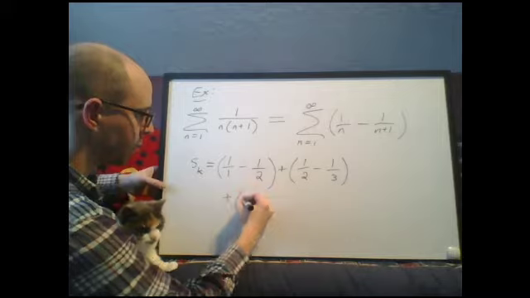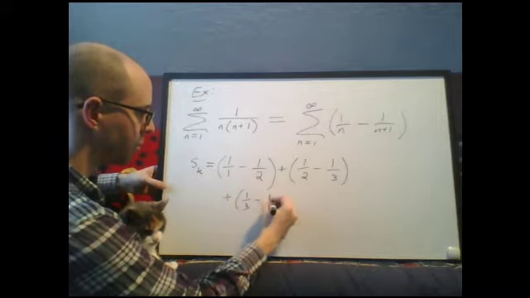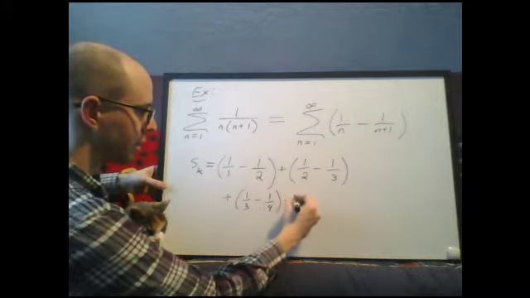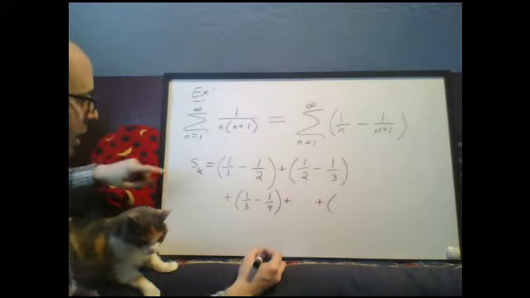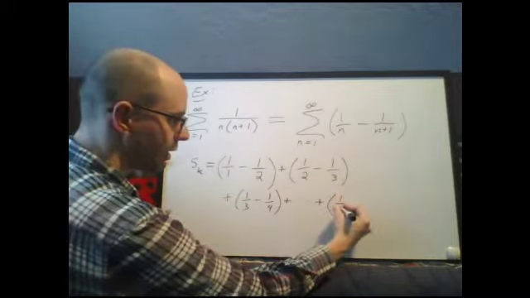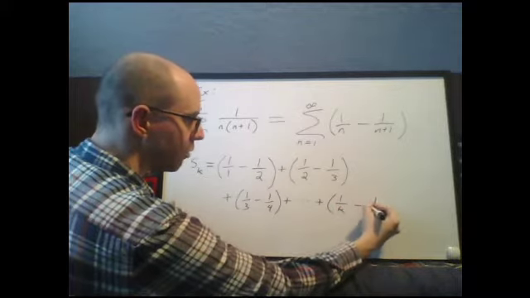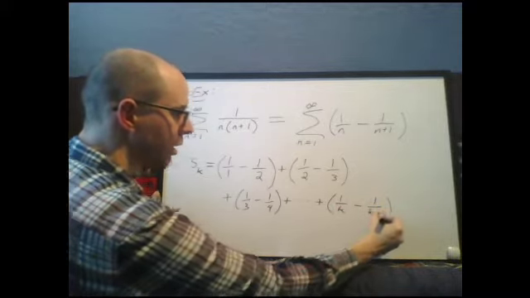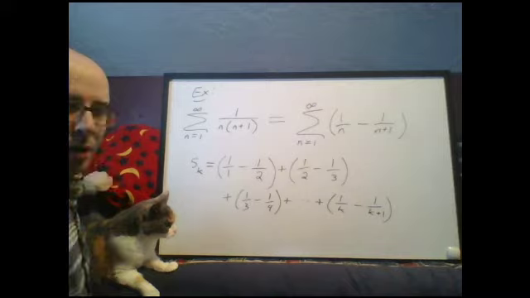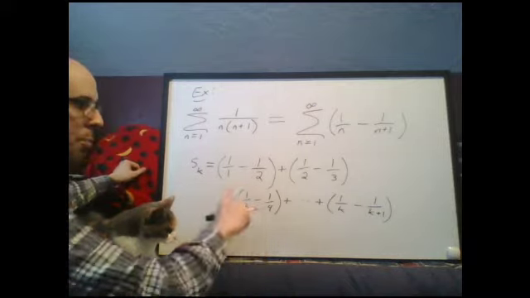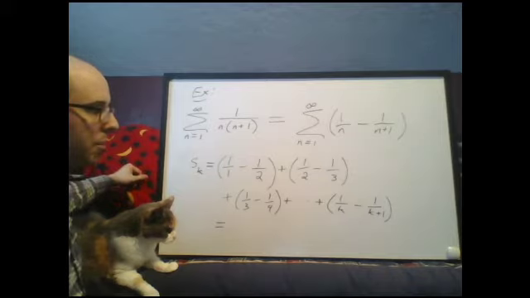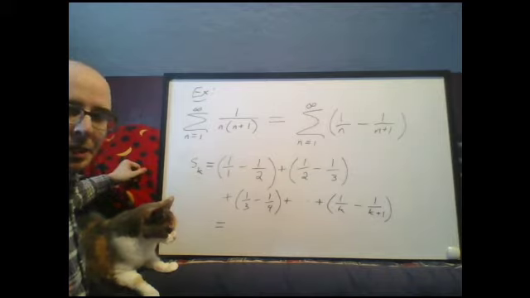The next one will be 1/3 minus 1/4. And this continues until I get to the last one. When n is k, that would be 1 over k minus 1 over k plus 1. Okay, so this is my partial sum, but there's a lot of cancellation that occurs here.